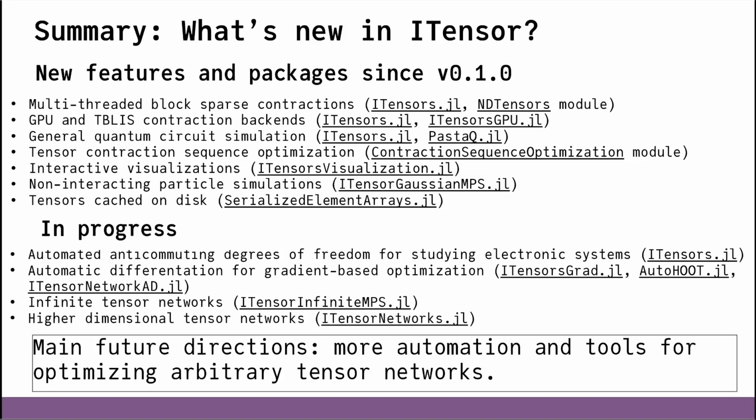And so a big theme of what we're going to be working on in the near future is more tools for automating the optimization of arbitrary tensor networks. So keep an eye out on the development of these packages if you're interested in those kinds of topics.